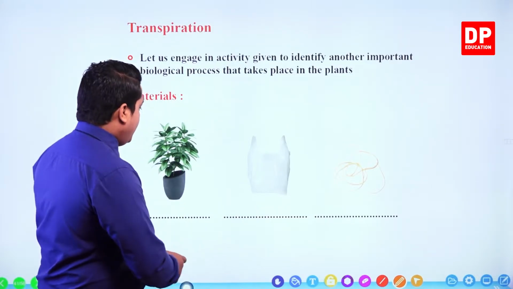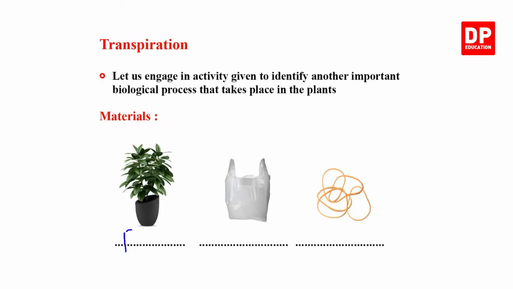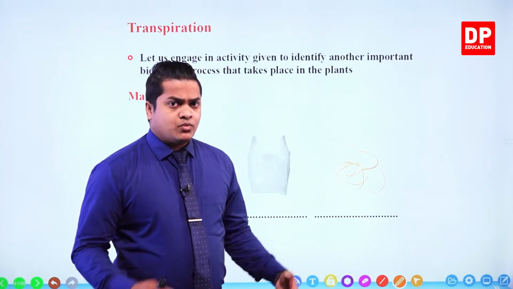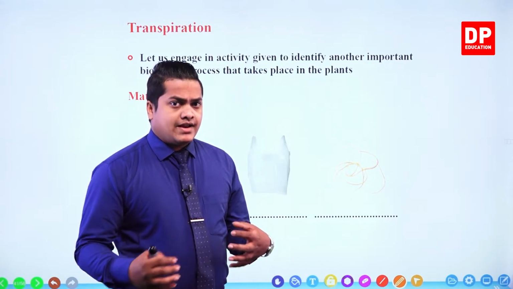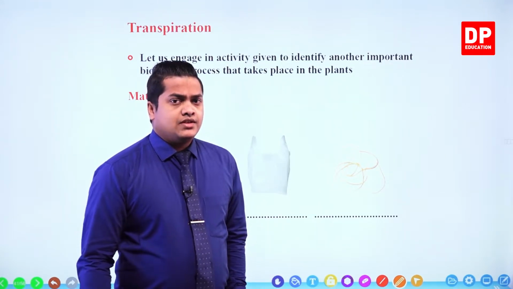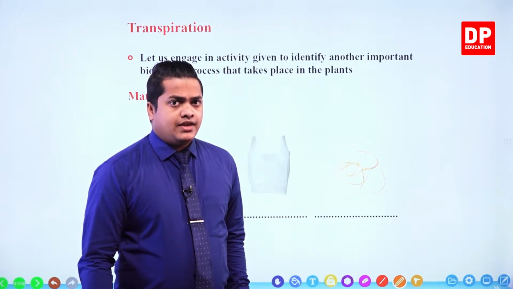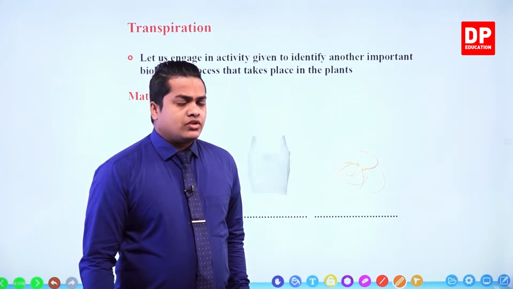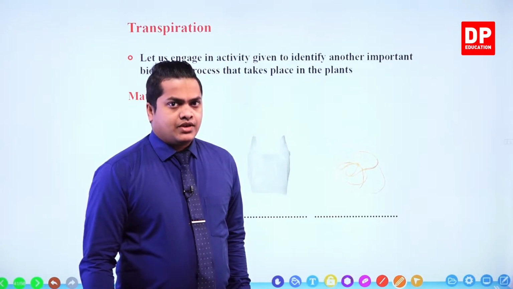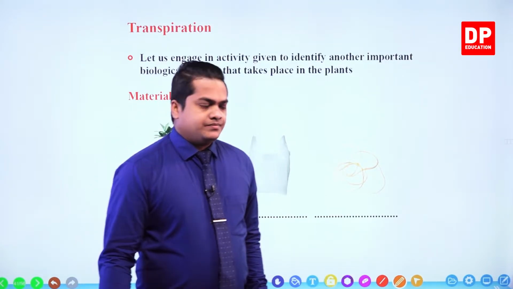First of all, we will need a potted plant. A potted plant is quite good because it's portable and we can carry it here and there. That's the easiest plant that we can take in investigating the transpiration process, as it is portable.